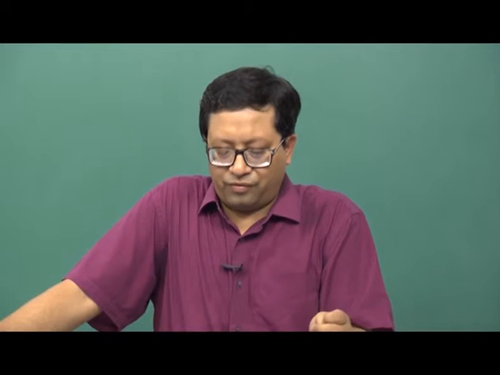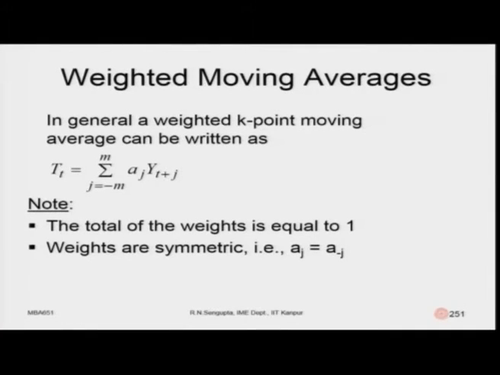You will give weights. The weight given for the y t minus m value would be a minus m. Similarly, the weight for the y t minus m plus 1 value would be a minus m plus 1, and go on till the last value, which would be y t plus m, and the corresponding weight would be a m. All these are coming in the suffixes.